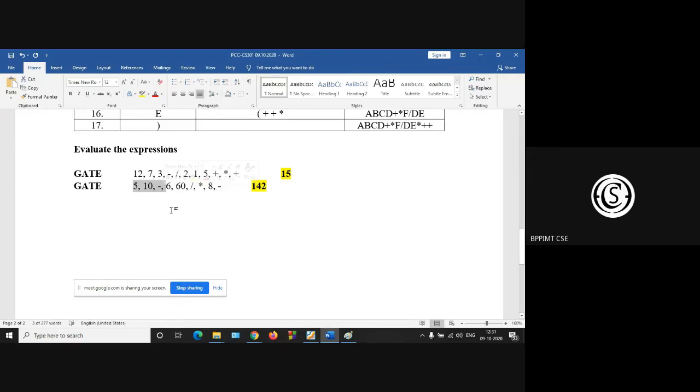Only 5, take only the mod values. Suppose this is 6, 60 and division. Just 60 divided by 6. Okay, sir. Thank you.